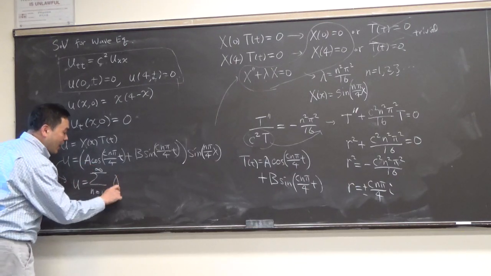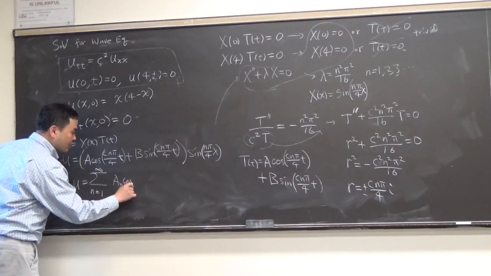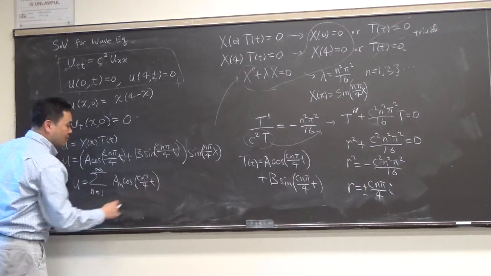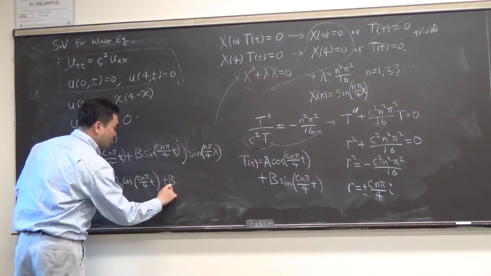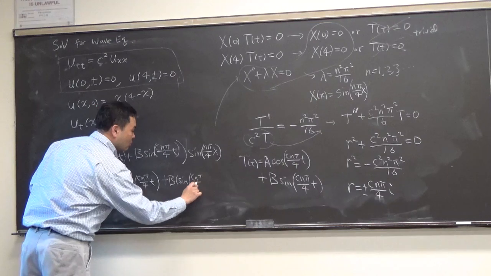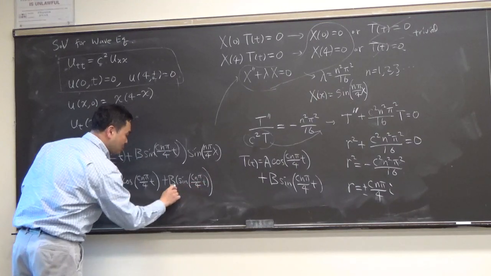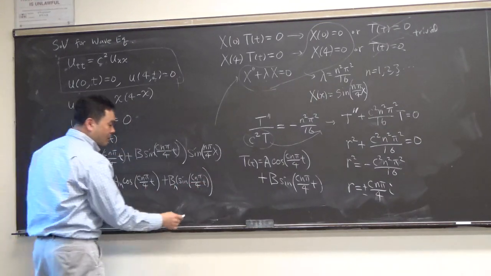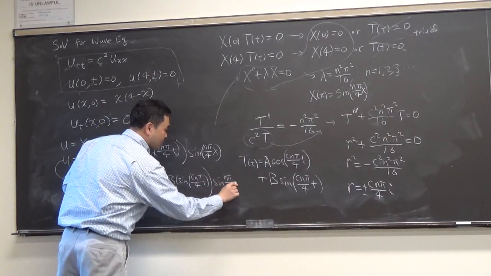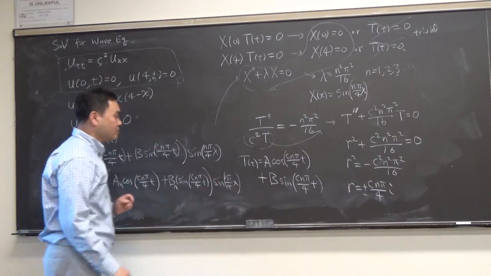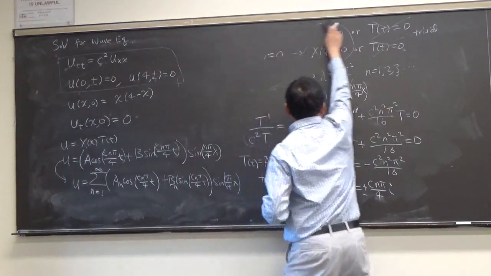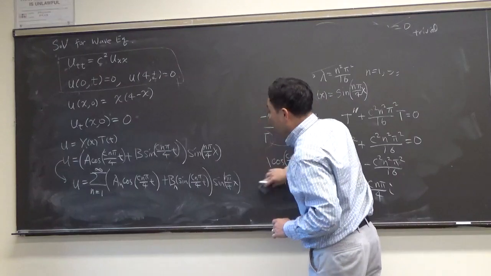So it's a_n cosine Cn pi over 4 t plus b_n sine Cn pi over 4 t, times sine n pi over 4 x. Okay, so that's what you get from the hard work, but it's not done yet.